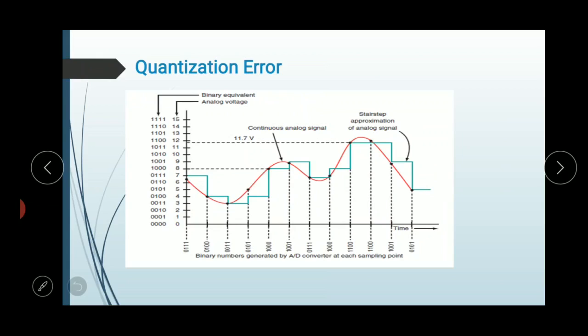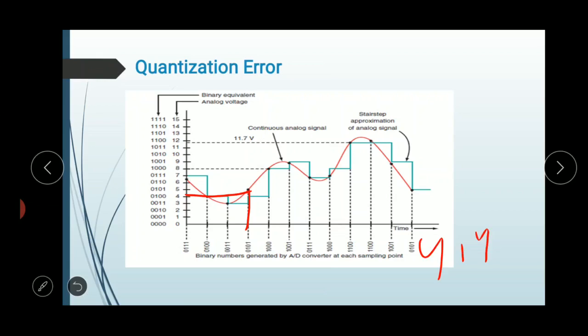Okay, means here you can see the actual sample is in between 4 and 5, maybe it is 4.4.